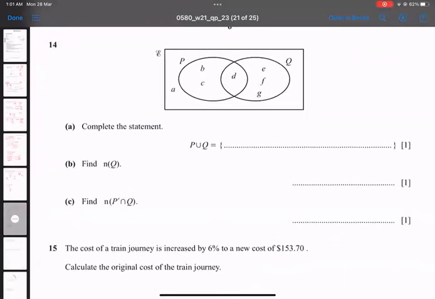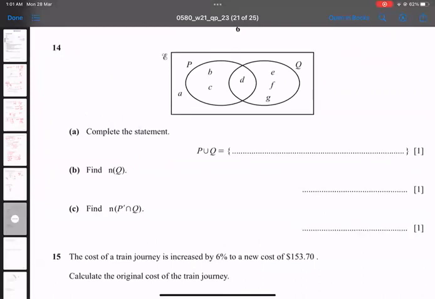The next question is number 14. What is the question? He has given us 2 circles, complete the statement. What is P union Q? Before I start, I will tell you one thing. This is called union, this is called intersection, and this is called common. P union Q is the common part and the uncommon part.